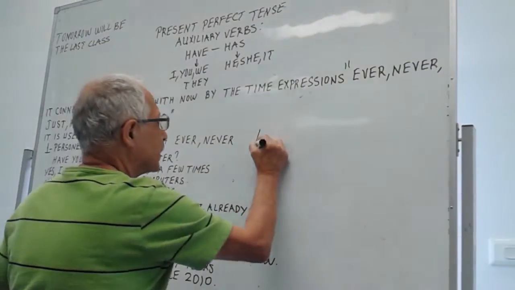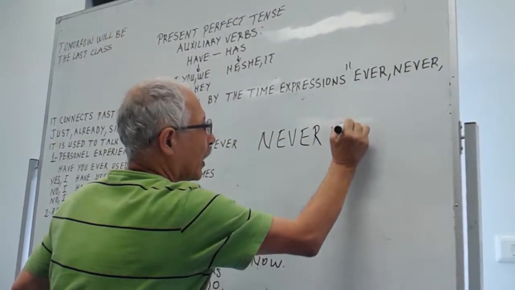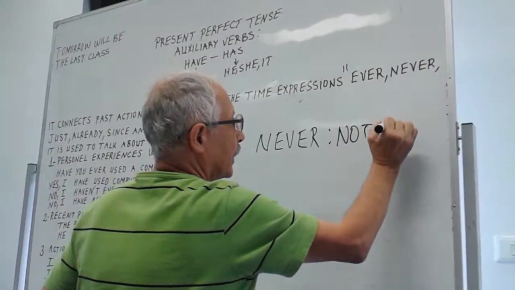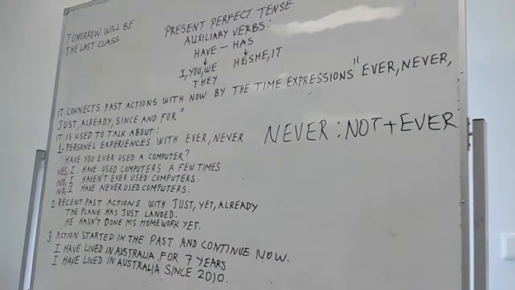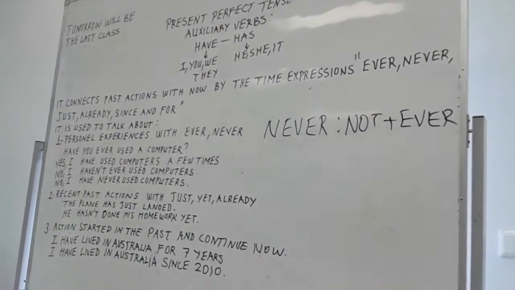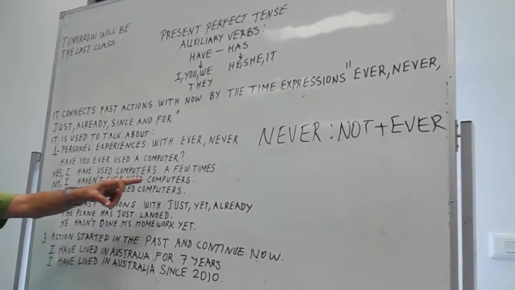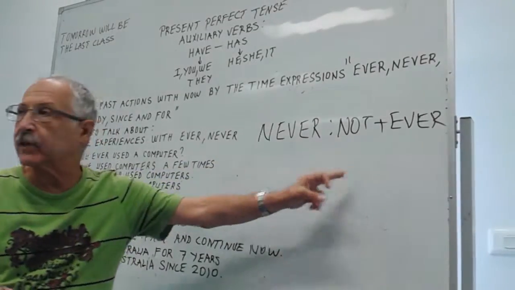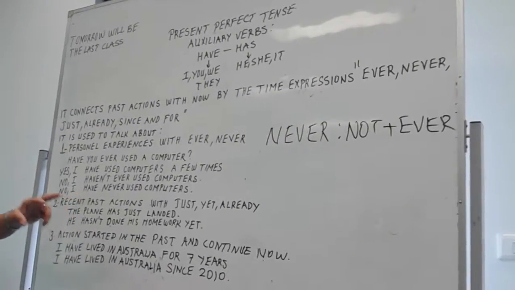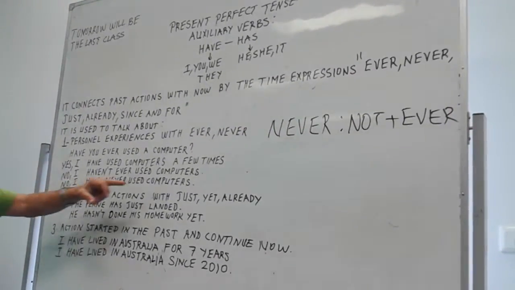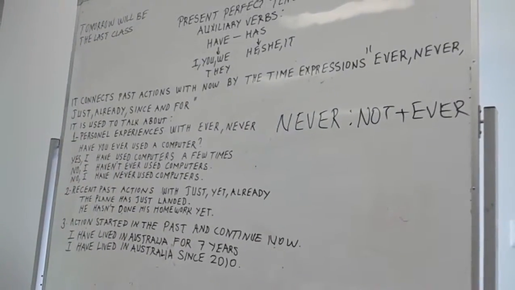Never means not plus ever. If you remember, to make a sentence negative, we always put not after the auxiliary verb. I haven't ever used computers, but in never, not is already in the word, so we don't use not again. We make the sentence positive and never makes the sentence negative.